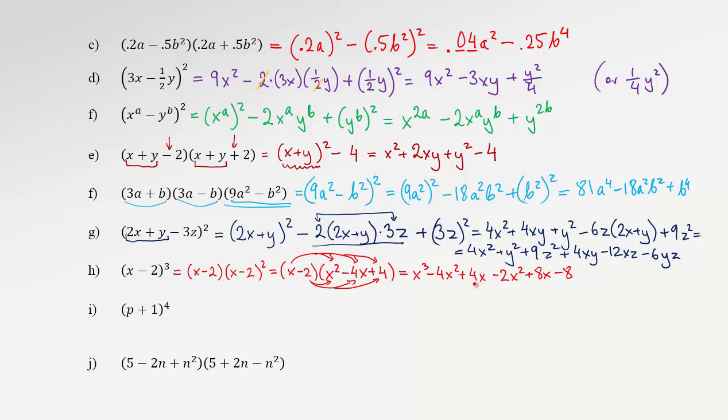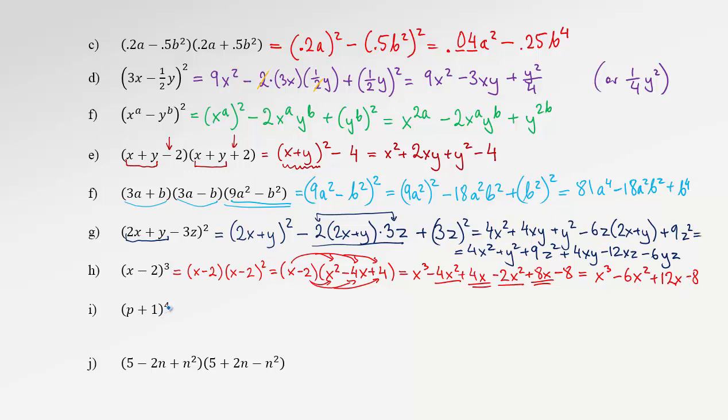Finally, we need to look at collecting like terms. So we have x cubed for sure, and then it's square here and square there. Negative 4, negative 2 is negative 6x squared, and the linear terms 4 plus 8 is plus 12x minus 8. That's all.